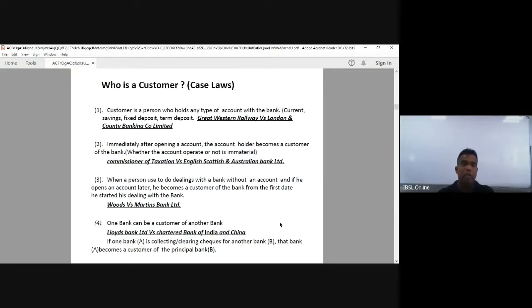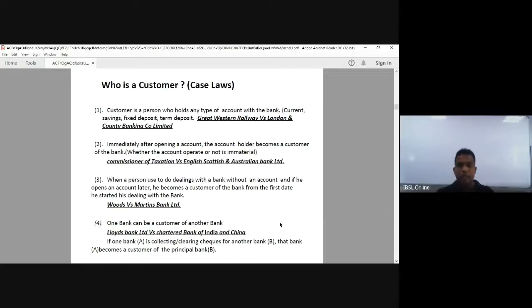As per the judgment in Great Western Railway, a customer is a person who holds any type of account with the bank, whether it's a current account, savings account, fixed deposit, whatever. If he holds any type of account, he is a customer.